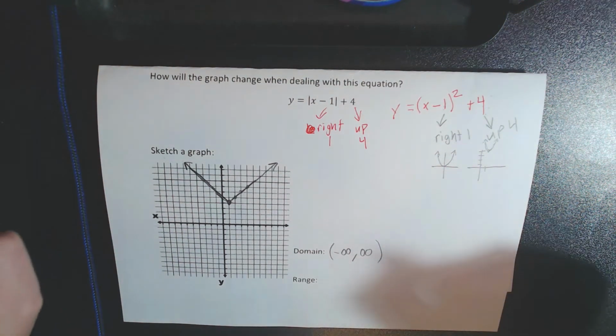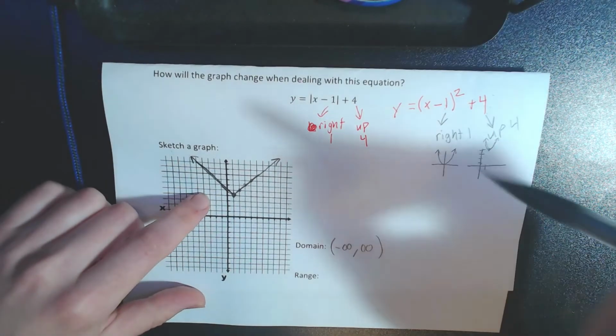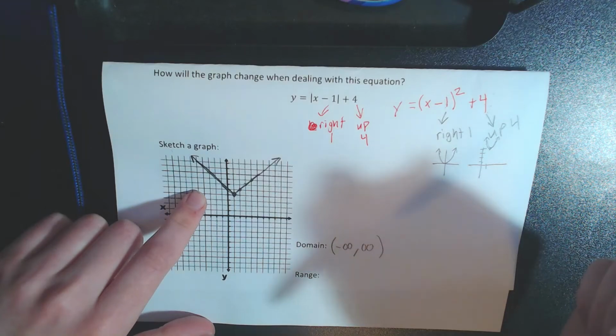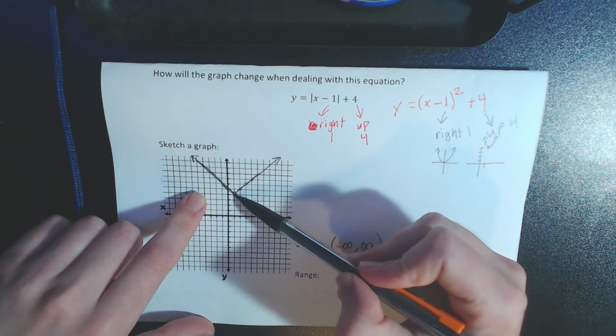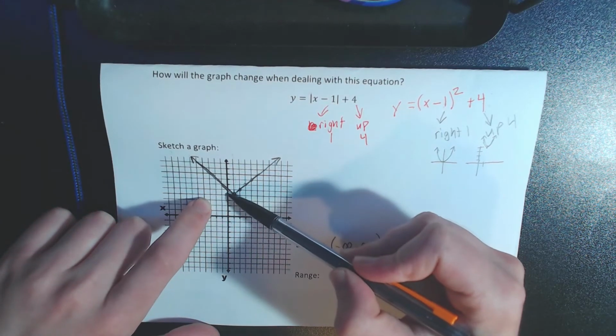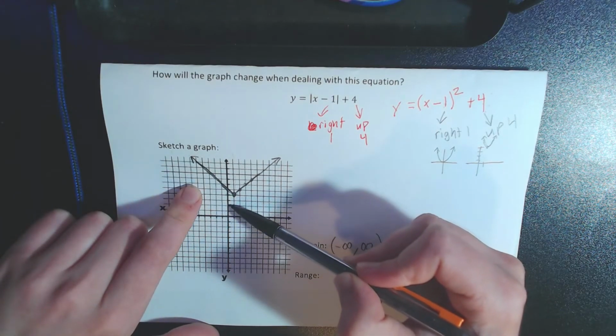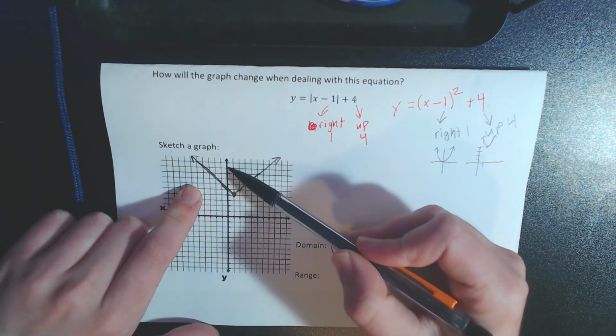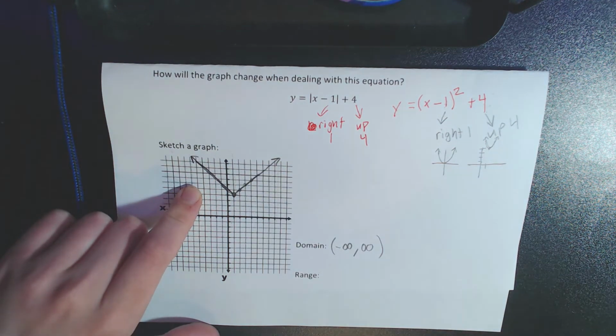And then your range, those are the y values that have points, right? The y values that are contained in the points on your graph. Well, that starts down here at the bottom and then it goes up to infinity, right? So it starts down at, let's see, that's 1, 2, 3, 4, right? Up at 4. And then it goes all the way up to infinity, okay?